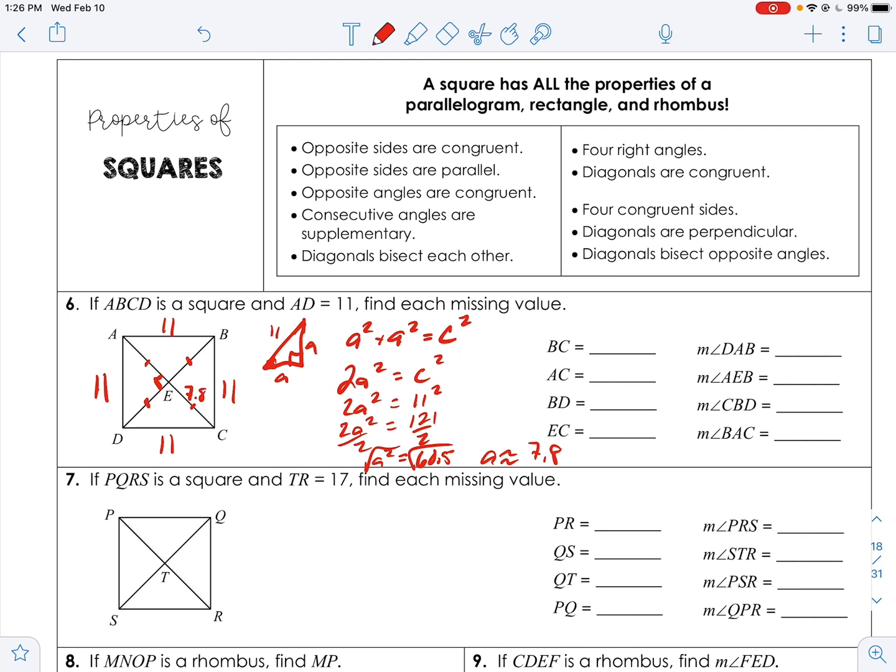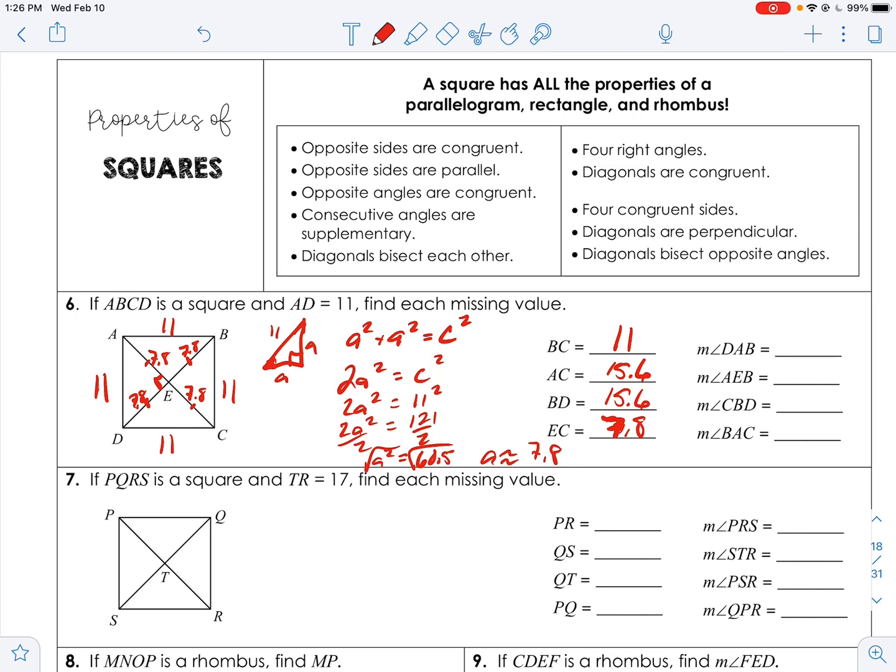So if this is 7.8, then this is 7.8, and this is 7.8, and this is 7.8. So it'll be about 15.6 all the way across. So from B to C, it's 11. From A to C, it is 15.6, 7.8 and 7.8. From B to D, it is also 15.6. From E to C, it is 7.8.